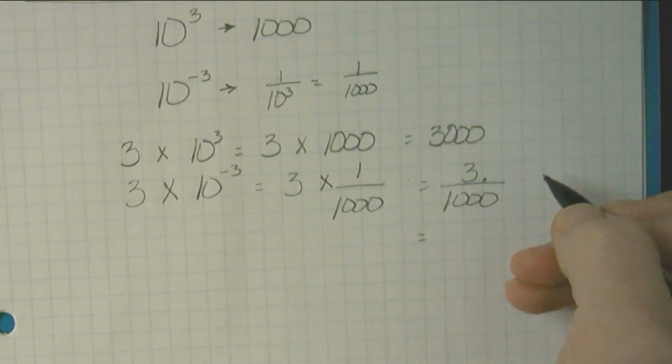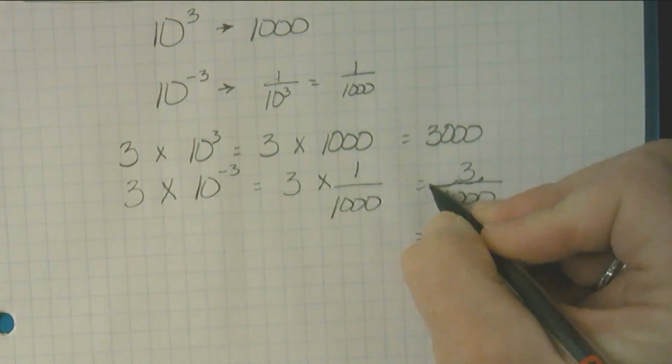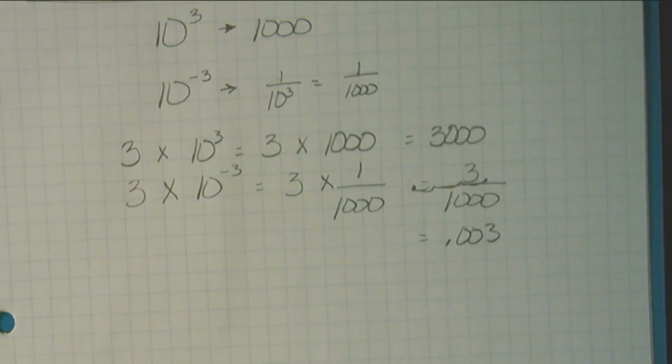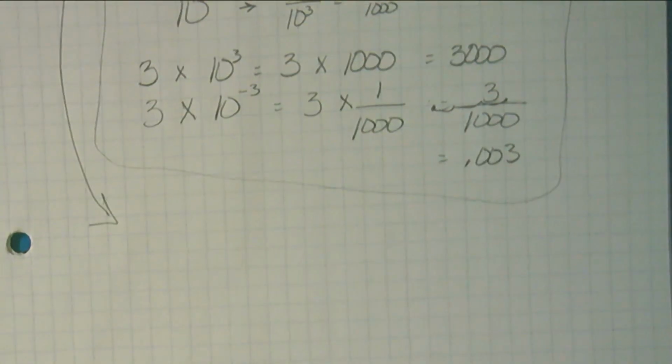How many of you guys agree with that? If I'm dividing a number by 1,000, aren't I just doing this? 1, 2, 3, and that's 0.003. How many of you guys would agree with that? Okay, so I need you guys to keep that in mind as we are changing between scientific notation and standard form. Okay, so this is kind of a side note for you guys to keep in your head.